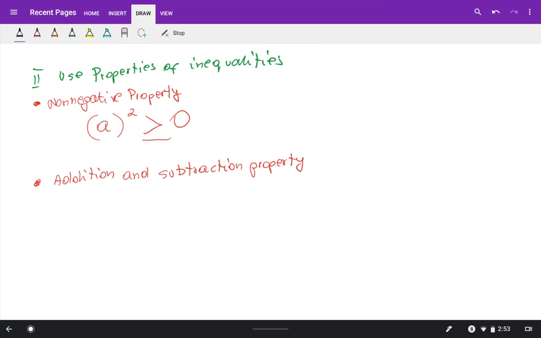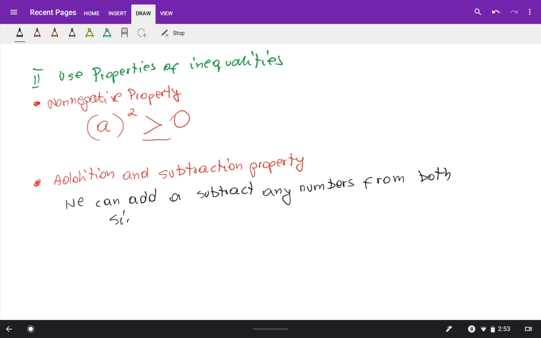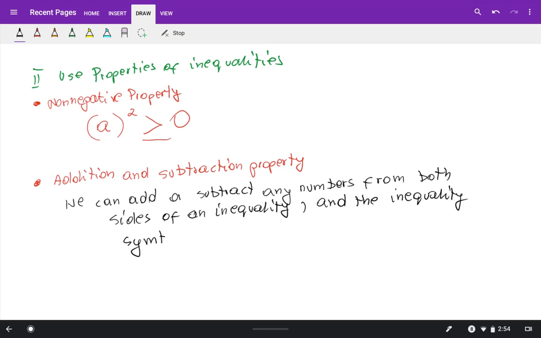We can add or subtract any numbers from both sides of an inequality, and the inequality symbol stays the same. So I don't want to give you the formula because it's confusing.